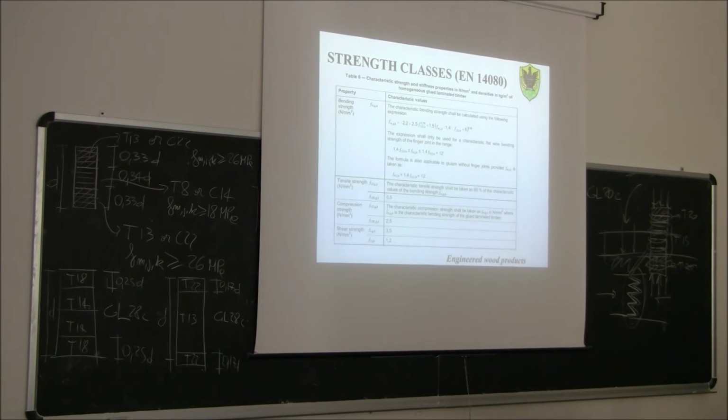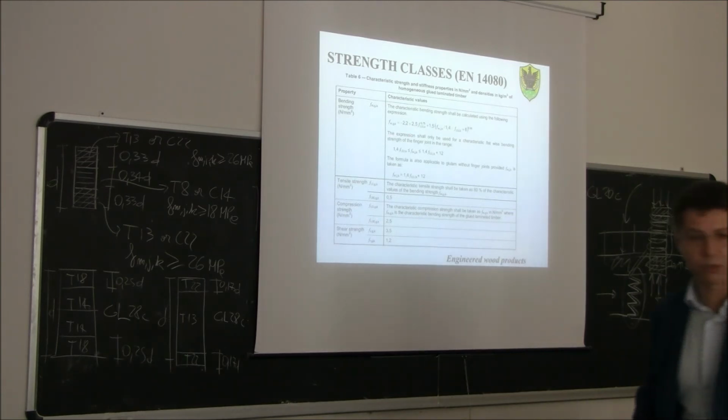So you see here, you are a producer, you produce a certain type of glulam. As a producer, you need to know the characteristic tensile strength parallel to the grain of the board and the characteristic bending strength of the finger joint. So these two quantities: f_t,0,l,k, the characteristic tensile strength parallel to the grain of the board, and f_m,j,k, the characteristic bending strength of the finger joint. The first can be taken from the classification of the board.